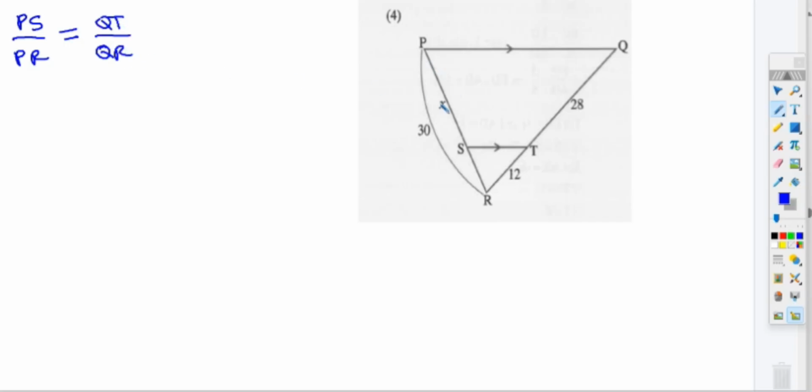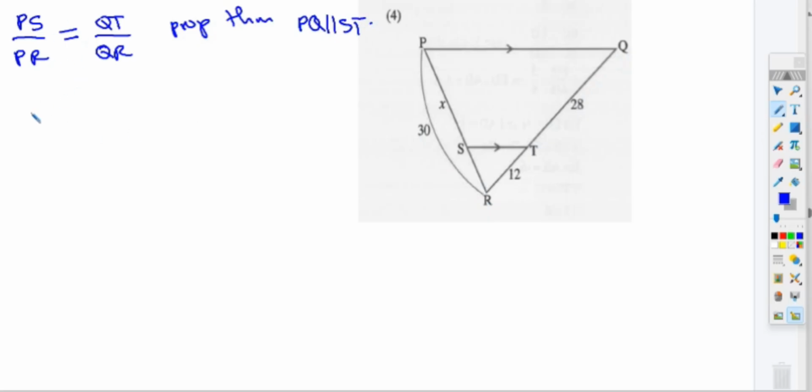You see, I'm writing the smaller side that we are looking for divided by the whole side is equal to that smaller side divided by the whole side. And the reason, prop theorem with PQ parallel to ST.